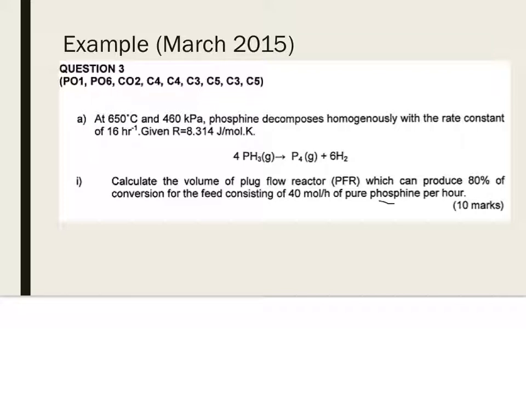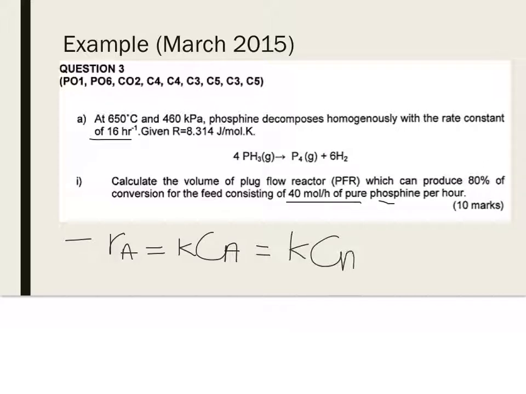From the statement, FA naught given is 40 mole per hour. The reaction is first order based on the unit of the rate constant, which means the rate law is negative RA equals K CA, or we can write K CA naught (1 minus X).